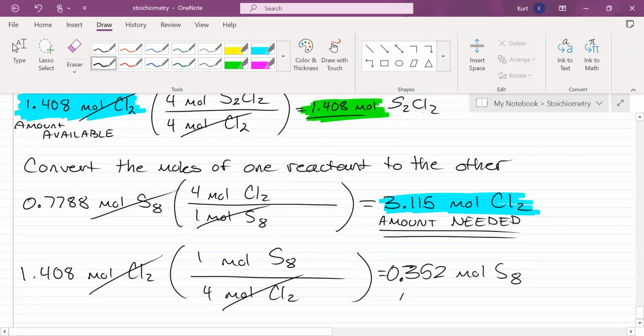Jade, this is the amount of S8 that we need. So we need 0.352 moles of S8.